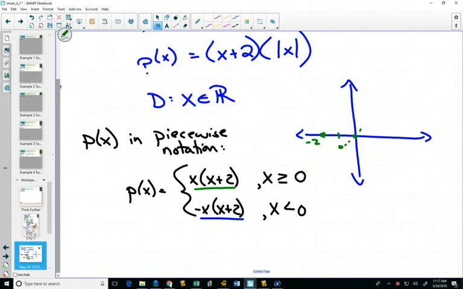And I'm just going to graph that parabola with a dotted line right now. That is x squared plus 2x the whole graph. In blue, I'm going to graph negative x times x plus 2.